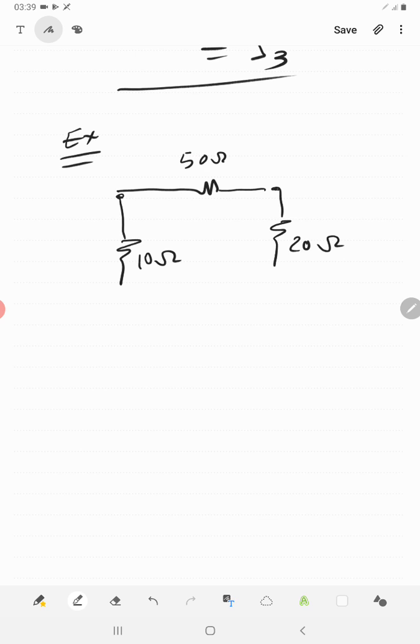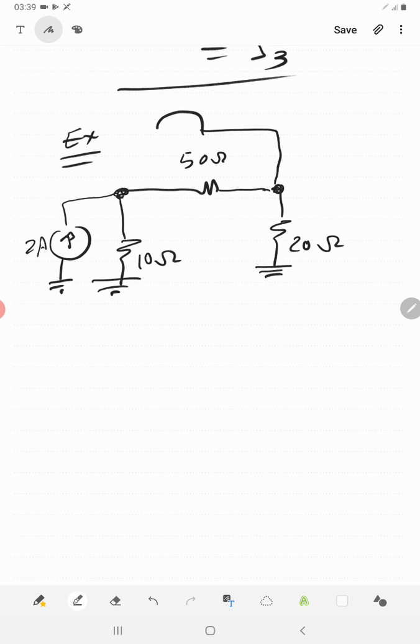Okay? Connect this to ground, connect this to ground. Let's have a 2 amps source here, connected to ground, and let's have a current source here in this direction of, let's say, 5 amps.